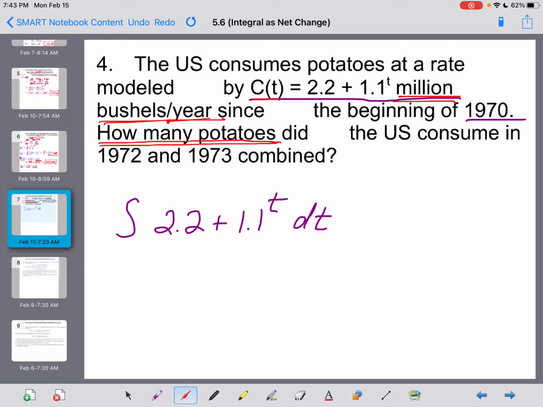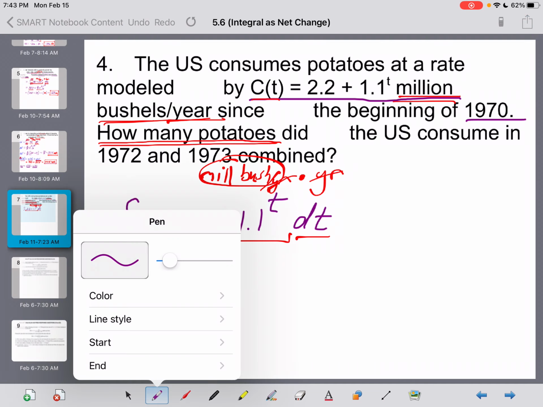Now let's think about what that's going to do for us. Again, the integrand right here is being measured in millions of bushels per year. We're now multiplying that by dt, delta time or change in time, and if we measure that in years, the years cancel, and that's going to leave us with how many millions of bushels were consumed during this period. Okay, so we're in good shape.